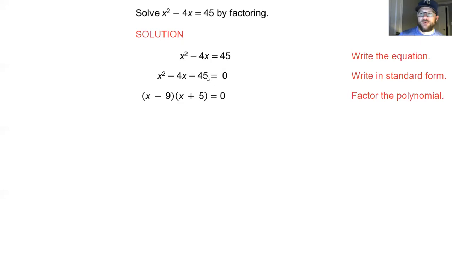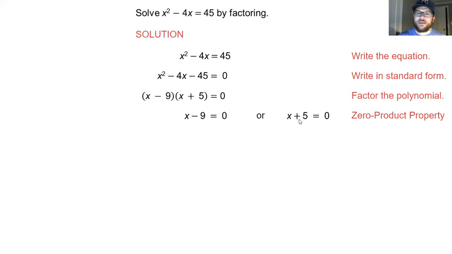So you go 1 times 45, 3 times 15, 5 times 9, and just keep writing all of them out. See which one of your pairs add to equal that negative 4, looking at both positive and negative factors. So for this set of numbers, negative 9 times positive 5 equals negative 45. Negative 9 plus 5 equals negative 4.